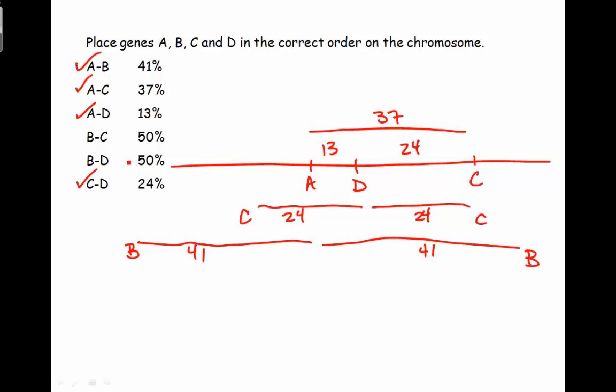And now if I get to my 50%, if I look at B and C, for example, I got 50% here, and that means that it needs to be 50 or more apart from each other. So this B and C here, these two would be way too close. So it's not going to be that location for B. Instead, B is going to be way over here.